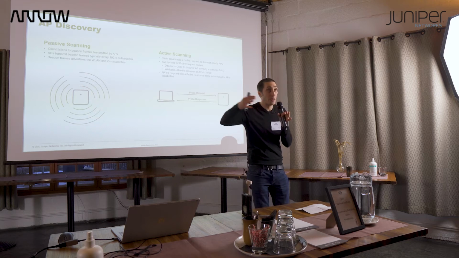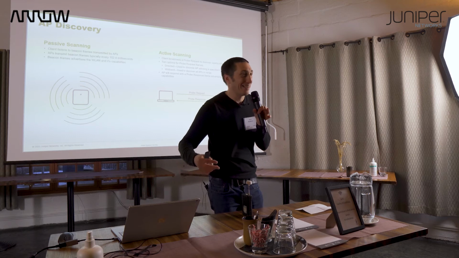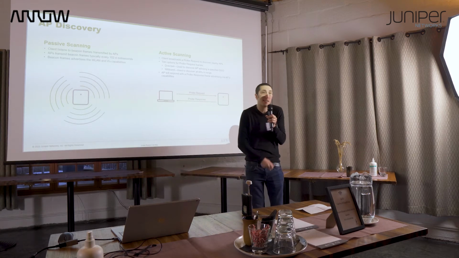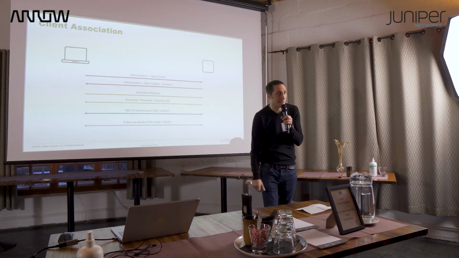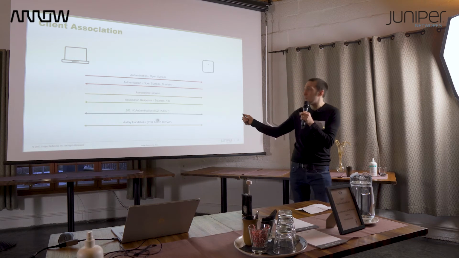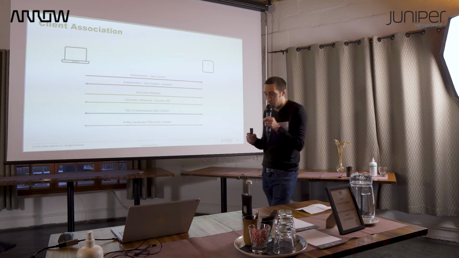There's lots and lots of things they may do, and all clients do it differently. So it's really, really hard to predict, but all clients do it. And once they've picked an AP, they're going to follow a process. And the first thing they're going to do is go through something called authentication, or what I call 802.11 authentication.